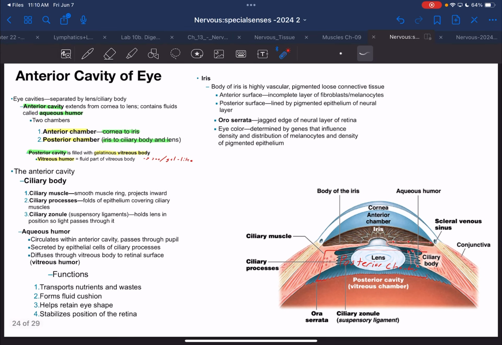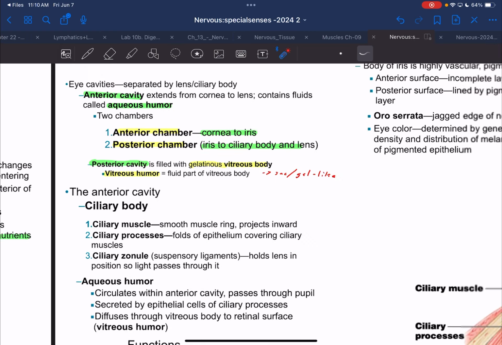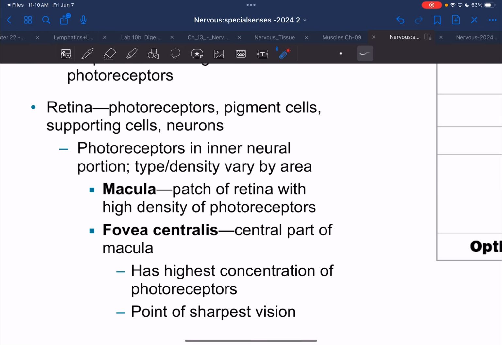Now, that's all the posterior cavity has, and we're going to end it with that for this page, because I am making some cutoffs. And then the only last thing is make sure we know the retina contains photoreceptors.